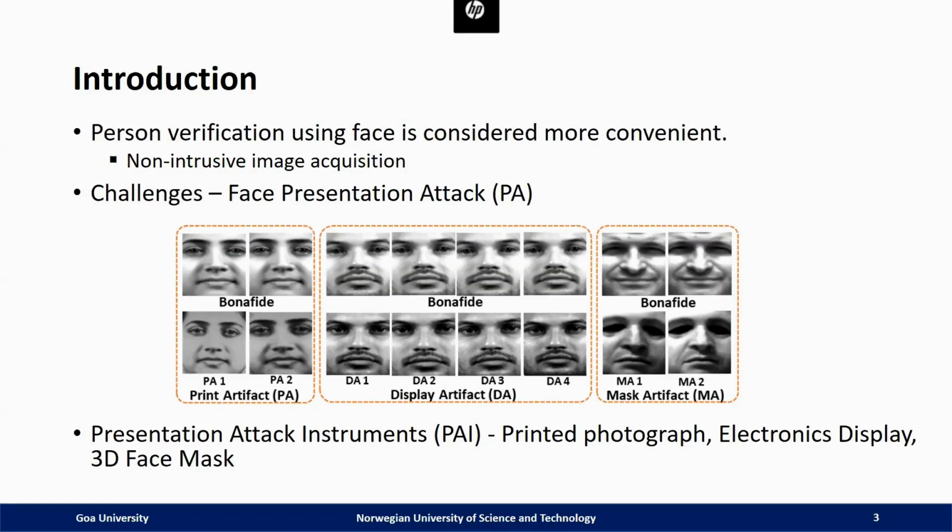Compared to fingerprint, iris, or any other physiological or behavioral biometrics, the face biometric system is very popular because of user convenience, easy integration, and the ability to scale the application at a very low cost. That's the main reason why face recognition is more popular.